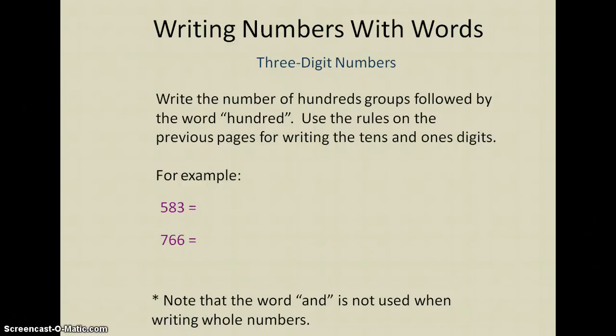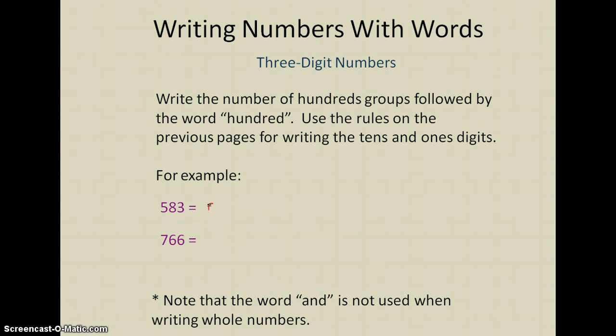Now, when we get to three-digit numbers, we're going to follow the same logic. We're going to write the number of hundreds groups followed by the word hundred. And then we're going to use the rules that we just went over to write the tens and ones digits. So, for example, and think about how you say the number too. For this number, I would say 583.